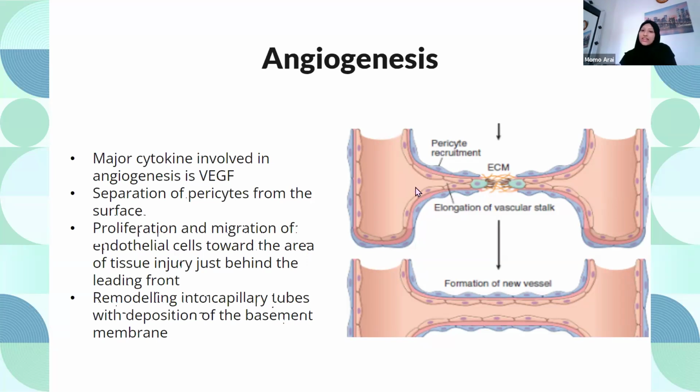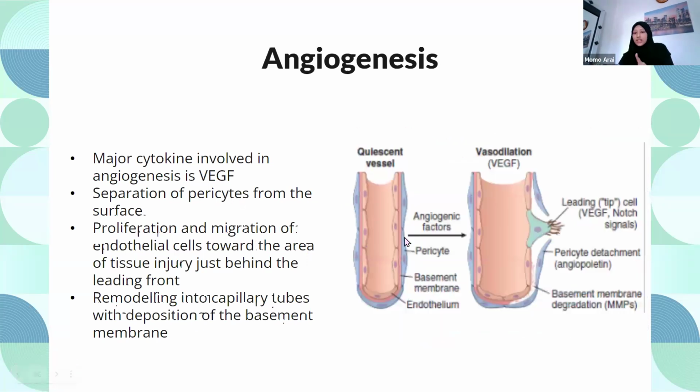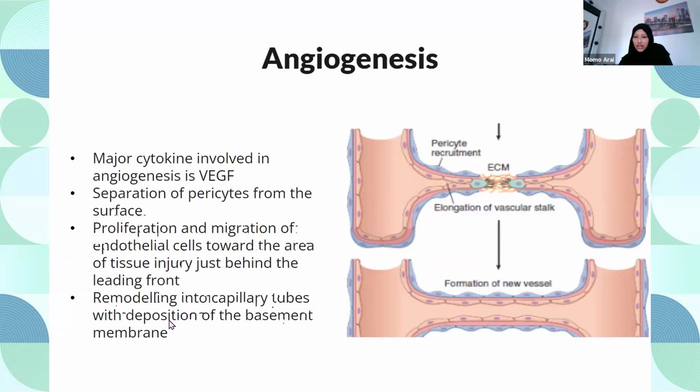It will stimulate the endothelial cell to make new blood vessels, as well as stimulate the pericyte to separate from each other in the beginning. So once they separate, this is able to grow, right? So proliferation of the endothelial cell, and then remodeling into new blood vessels. I hope that's clear for angiogenesis.